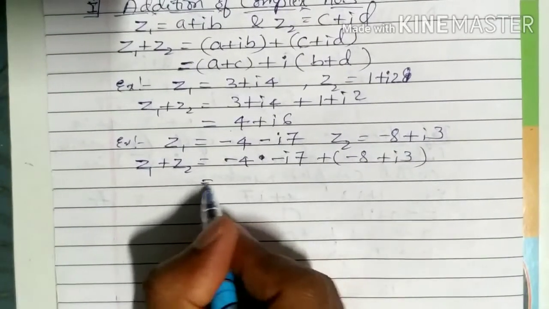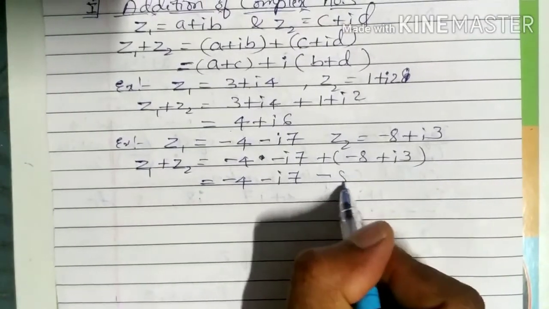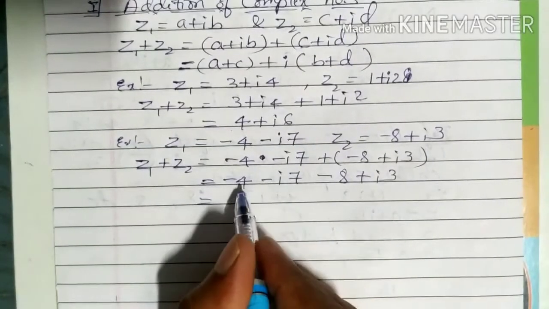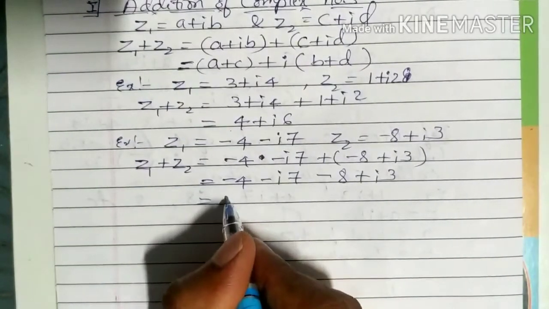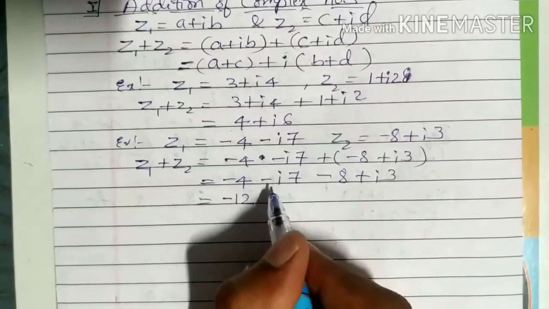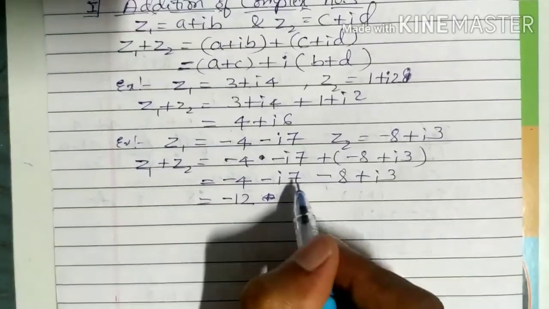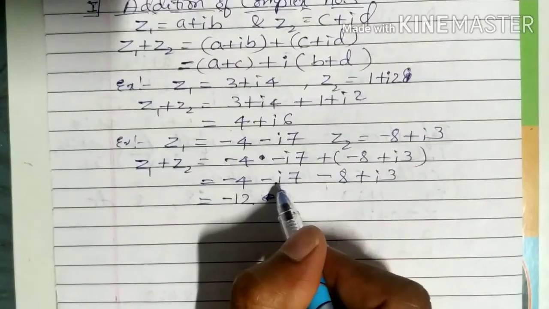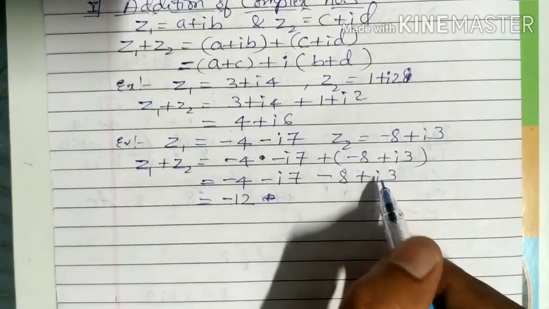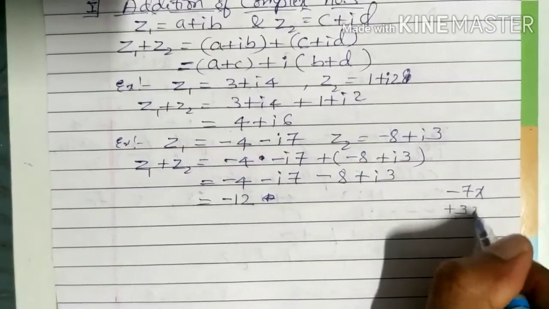So minus 4 minus i7 plus, into minus 8 plus, into plus i3. Now real parts, minus 4 minus 8, minus 12. Then you can consider minus 7i plus 3i, which is like minus 7x plus 3x, like this also you can consider.